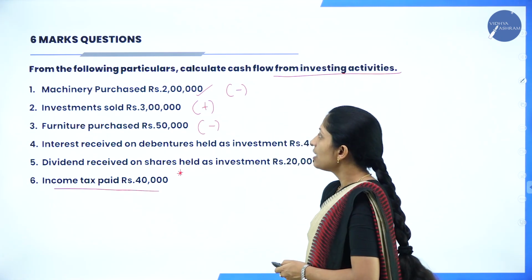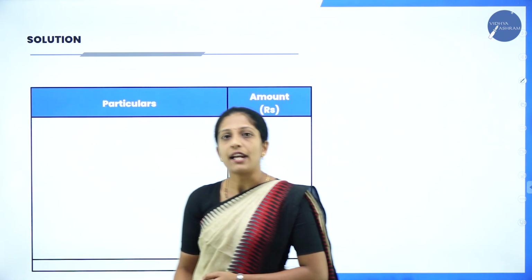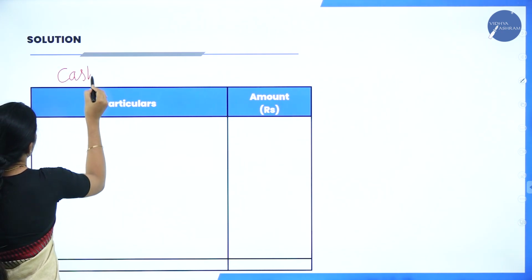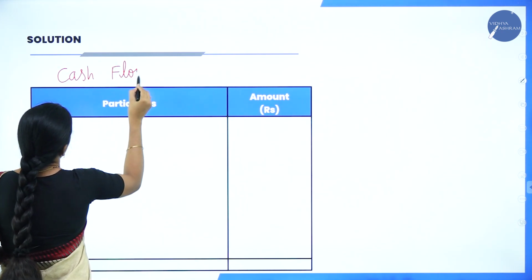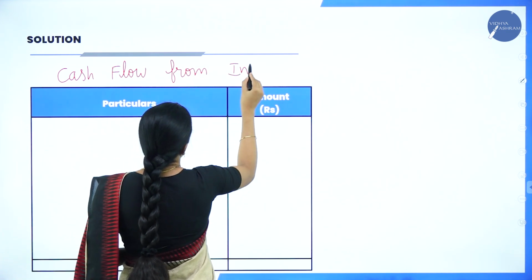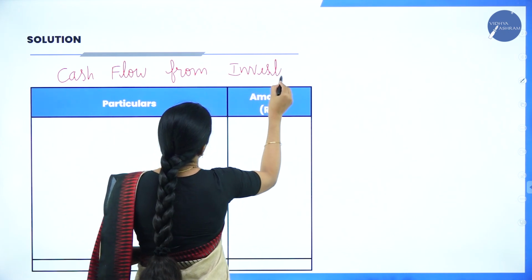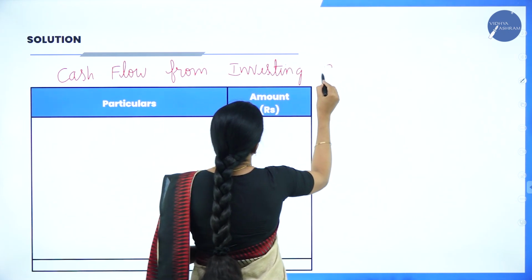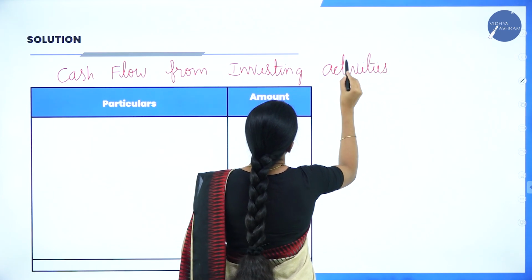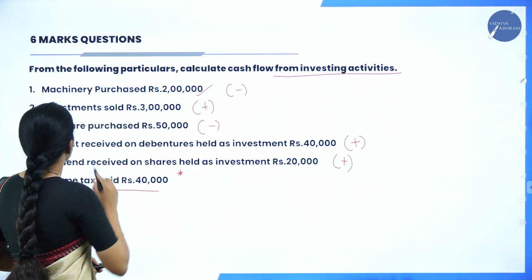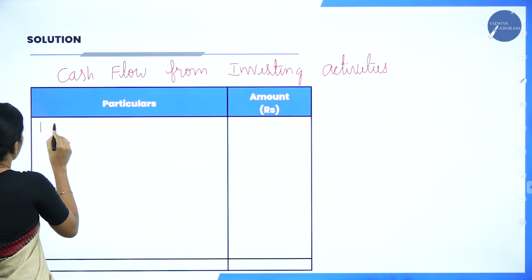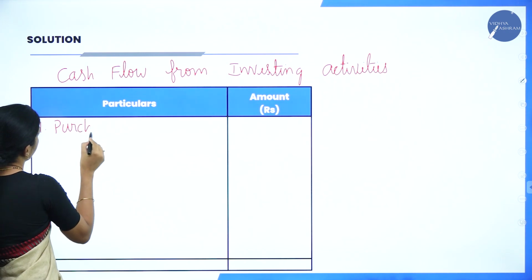This is the format. We will start with the heading cash flow from investing activities. We will start with the first one, that is machinery purchased. So first is purchase of machinery.